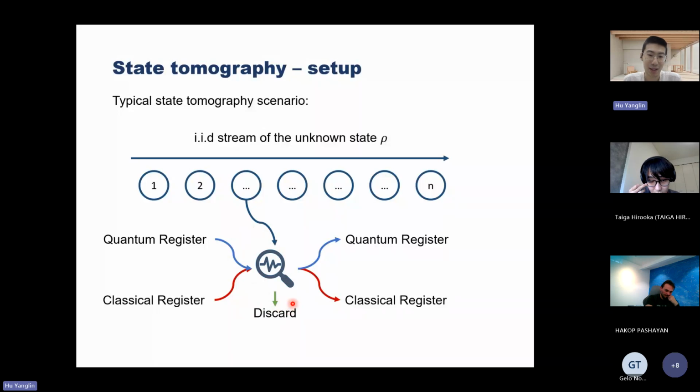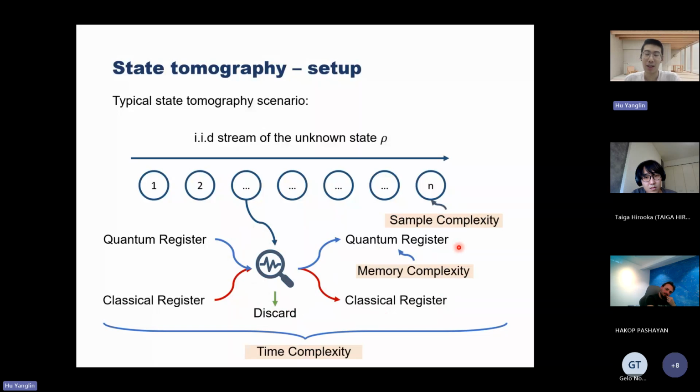After the measurement, we discard part of the quantum register, and then we will again have a live classical register and a live quantum register, and we will receive the next state and perform the new measurement.